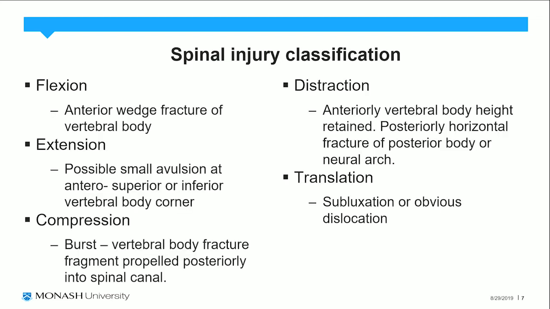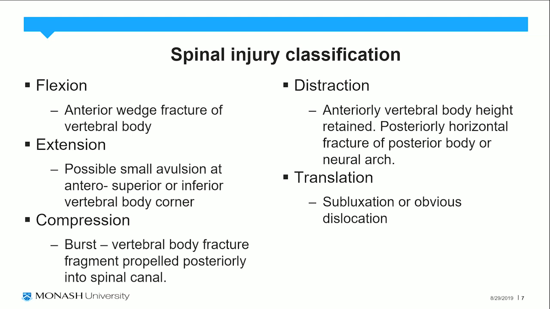Classifying spinal injuries according to the movement. So with flexion mechanism of injury, you should suspect an anterior wedge fracture of the vertebral body. With an extension injury, this could result in a possible small avulsion at the anterior superior or inferior vertebral body corner. Compression injuries typically result in a burst vertebral body fracture fragment, which is then propelled posteriorly into the spinal canal.